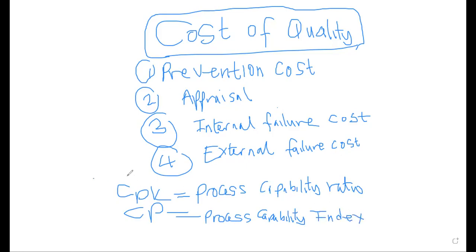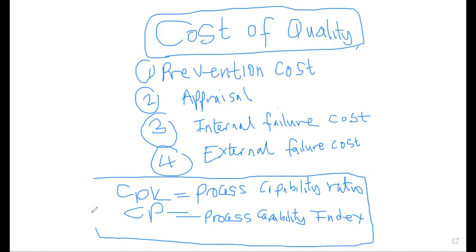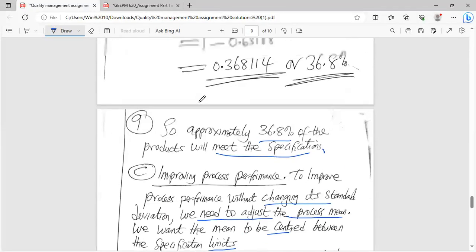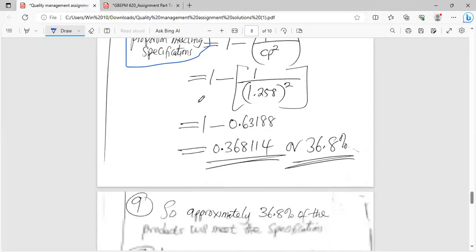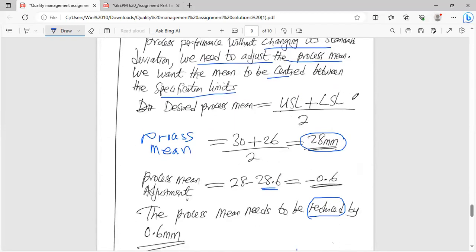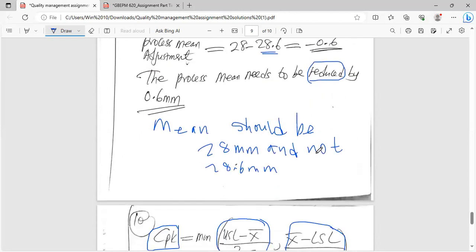Okay, so this is just about what we have concerning this assignment. So there is need just to go through the assignment paper. So for another improvement here, we should just adjust the mean, where we find the average of the upper specification and the lower specification divided by 2, which gives us the mean of 28.